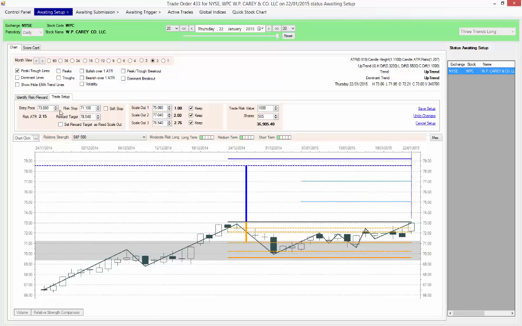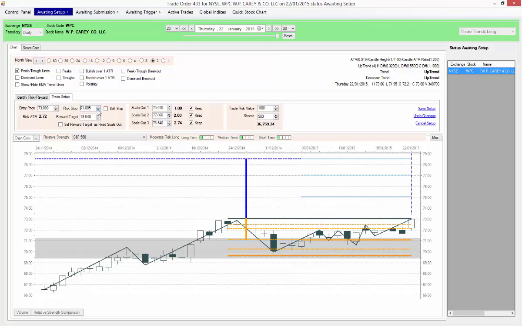Now, I can make adjustments to any of these numbers, and I'm going to also look now at this number here, $71.10. And I'm going to bring it down because I don't like the way it's rounded to exactly 10 cents. I'll bring it down to 7 cents, $71.07, just a little bit below what I want to hide behind there.